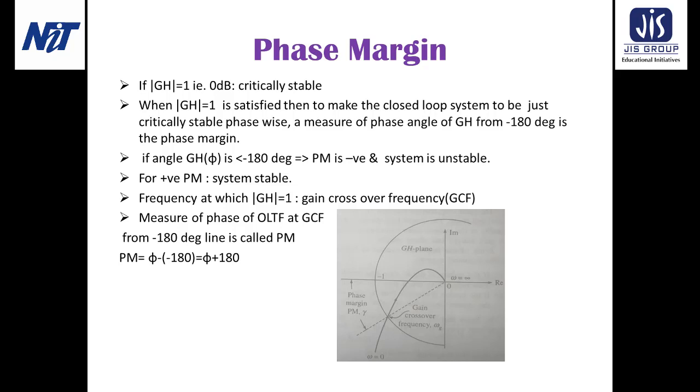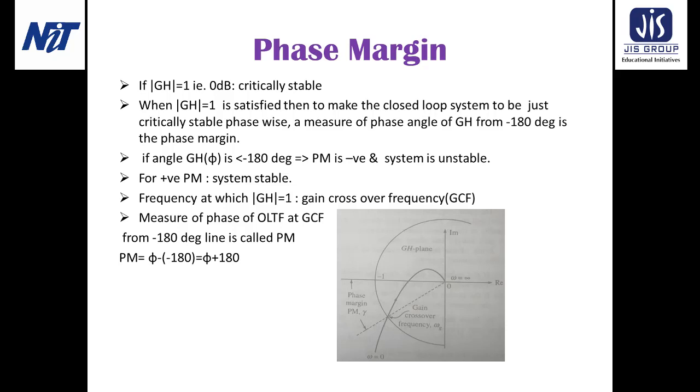And if the angle of GH is less than -180 degree, then we can say the phase margin is positive, otherwise it is negative. For a positive phase margin, the closed loop system is stable, and for a negative phase margin, the closed loop system becomes unstable.